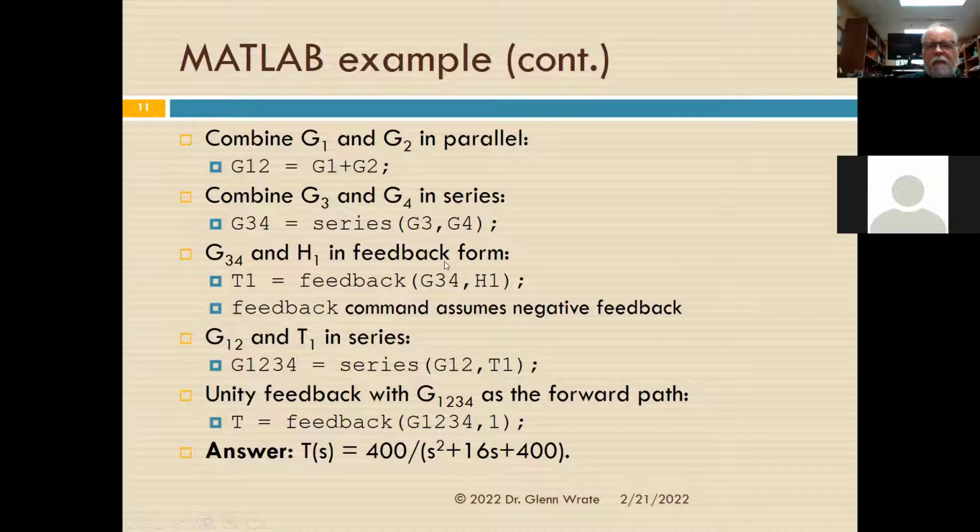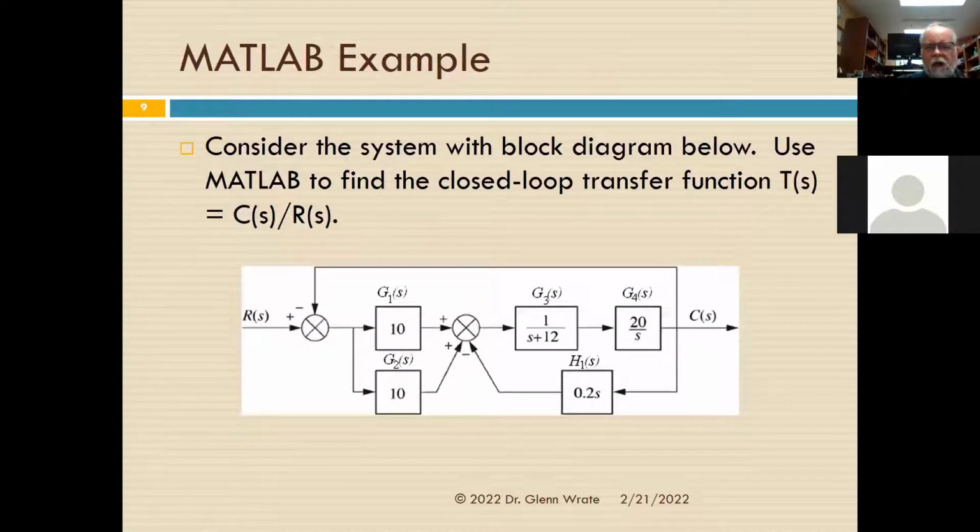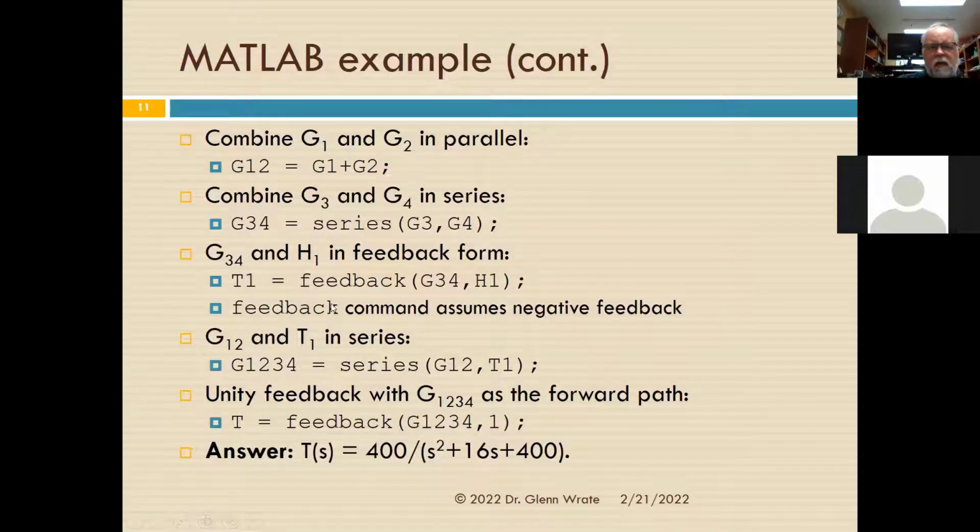Then we've got a feedback path with H1. If we look there, H1 has a minus sign there, and MATLAB is assuming that you have a minus sign on your feedback path. So that's all we have to do.